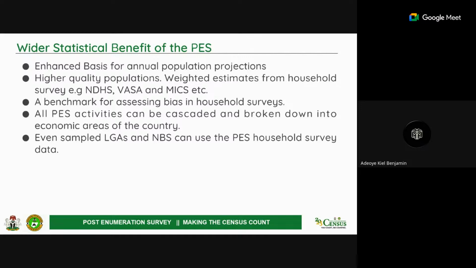Then we can use it to reduce bias in household surveys. All PES activities can be cascaded and broken down into economic areas for the country. Then even the sampled LGAs that we use for the sample survey, we're not going to touch those areas or the enumeration areas that surveys can use.